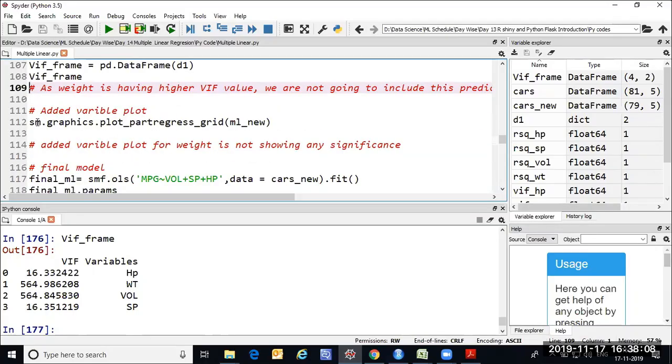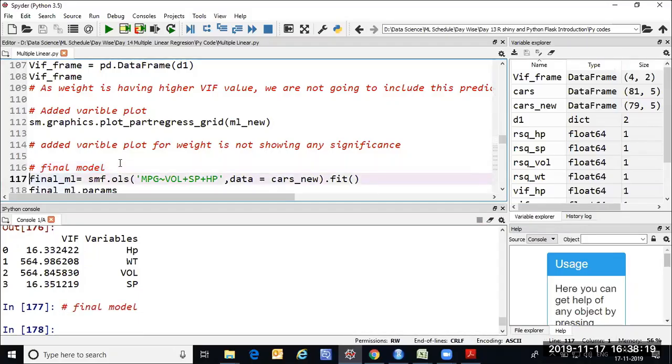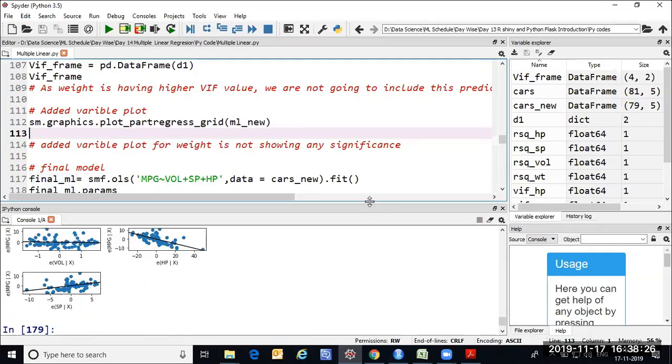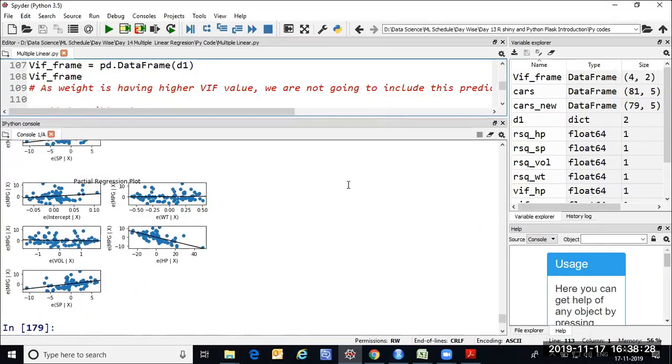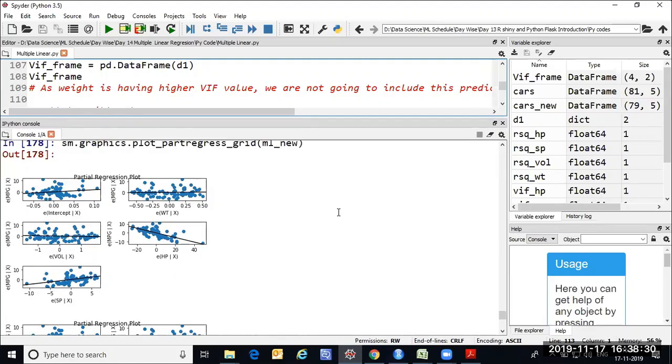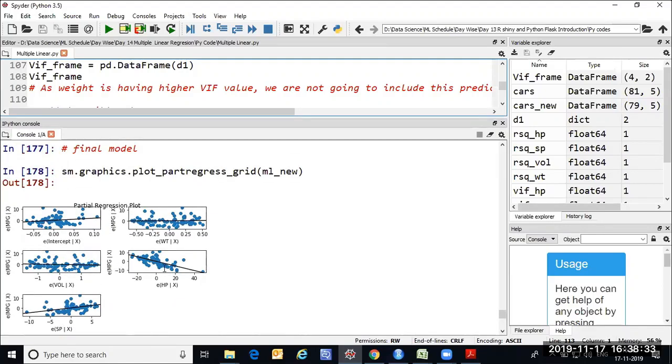Now added variable plot to identify which variable is helping the least towards the prediction. Weight versus other variables, intercept with other variables, HP with other variables, volume with other variables.